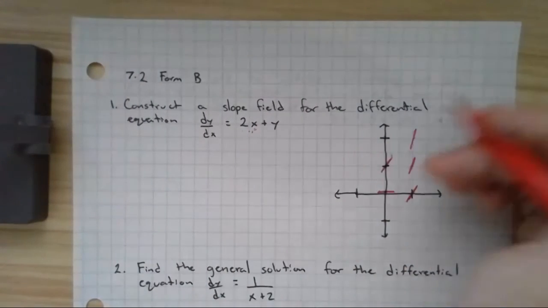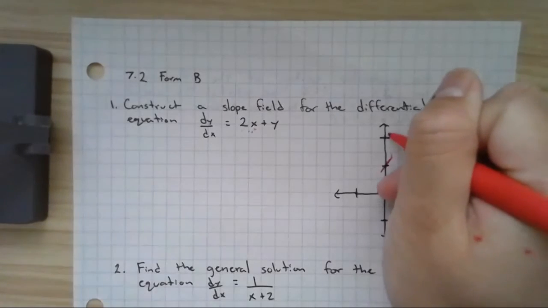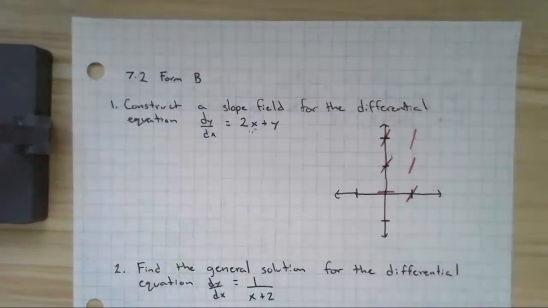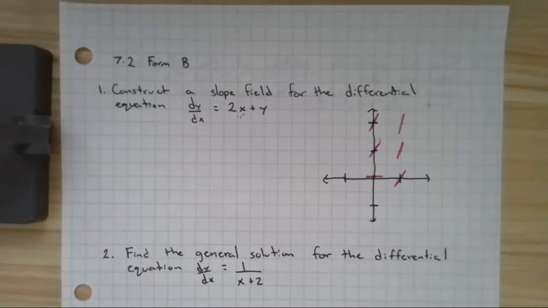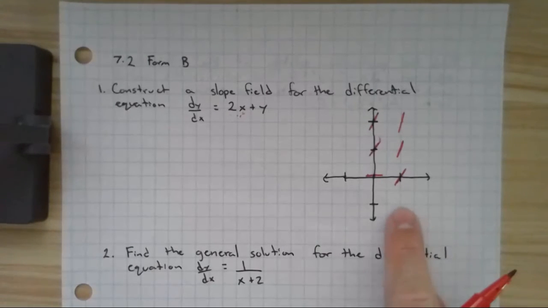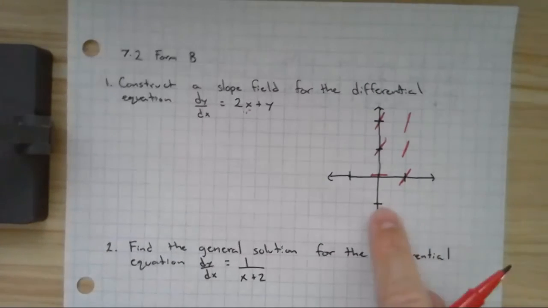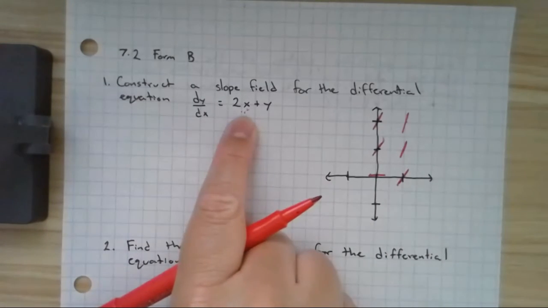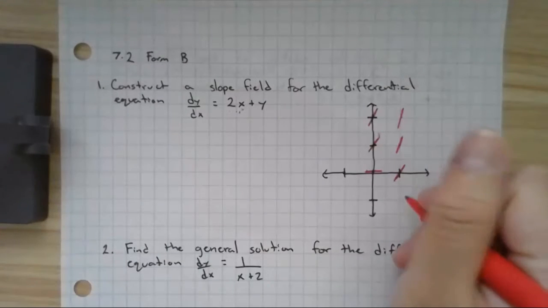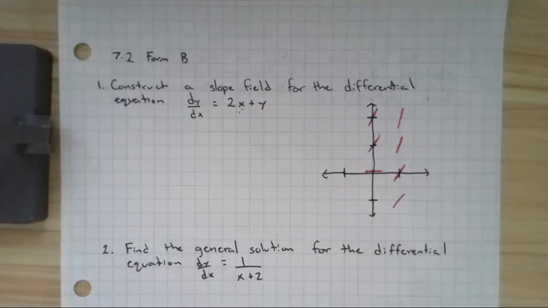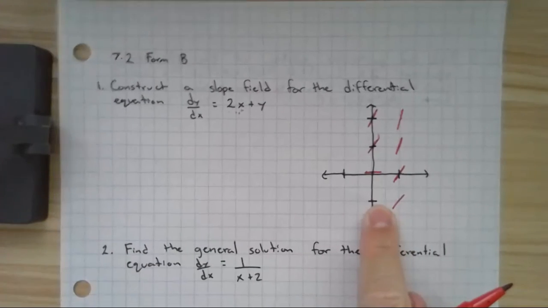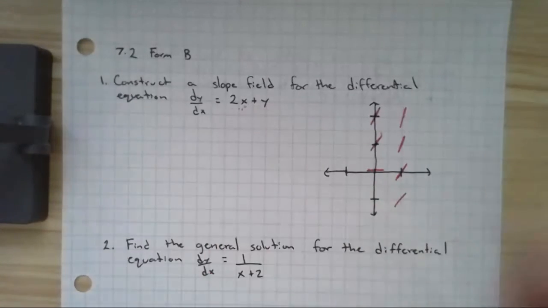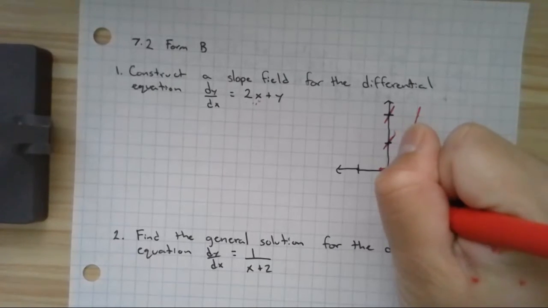So you just get 2, steeper. Right here, this is x value 1, y value of negative 1. So 2 minus 1, that's 1. And right here, x value 0, y value negative 1, you get negative 1. So that's that slope.